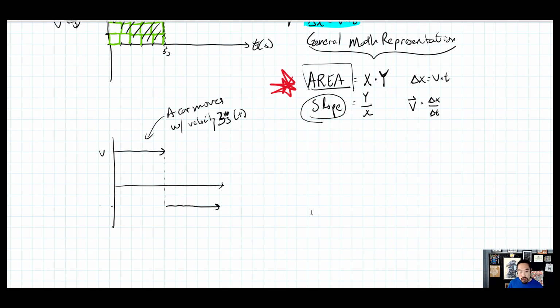And then here, the car turns around and moves with a velocity of -2 meters per second, and I'm going to put that to the left. So in a scenario like this, find the area under the curve.